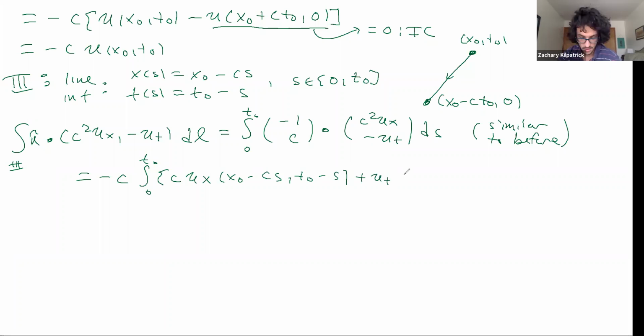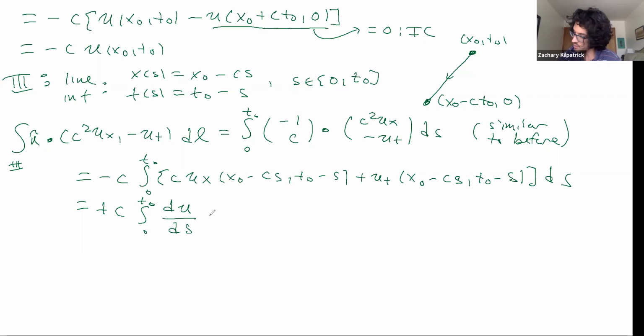And this is integrated up with respect to s, okay? As before, we can now, again, make the observation that this whole thing is the negative total derivative of u with respect to s, okay?